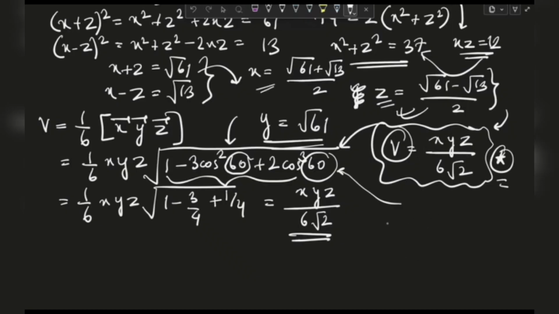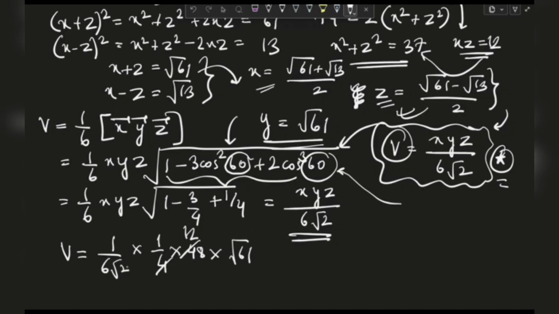So now I guess the sum is over. We can now find out V directly, which was asked to us. So V becomes 1 by 6 root 2, and xz is a plus b into a minus b, and also half half, so I take it as 1 by 4, and 61 minus 13, I guess this will come out to be 48, and this thing is your root 61.